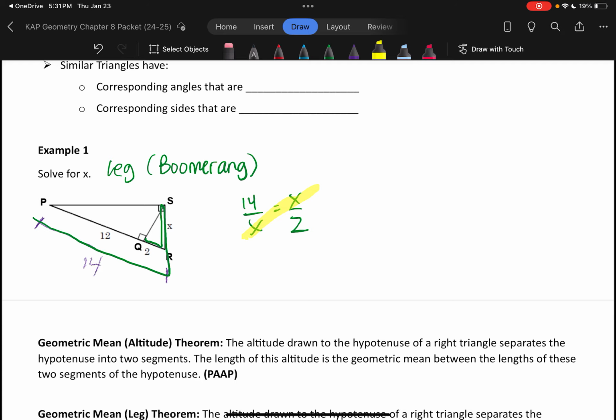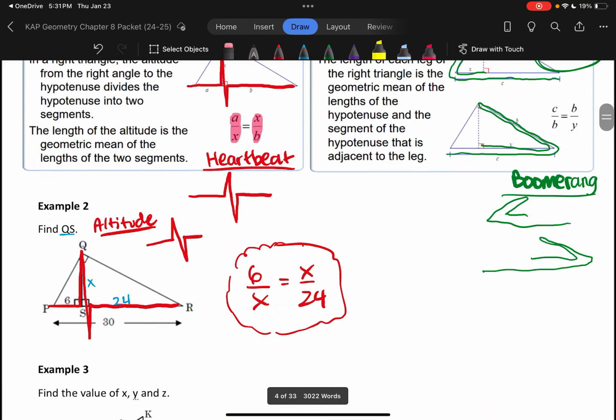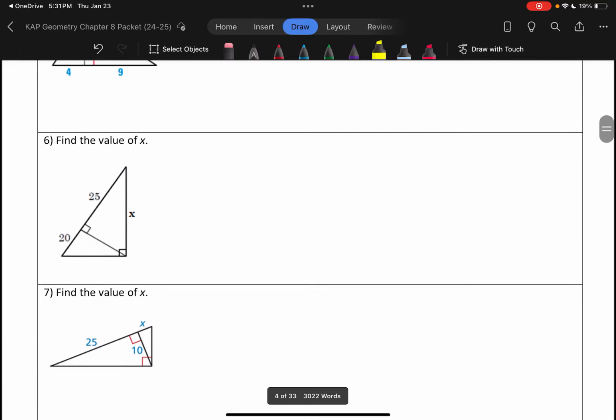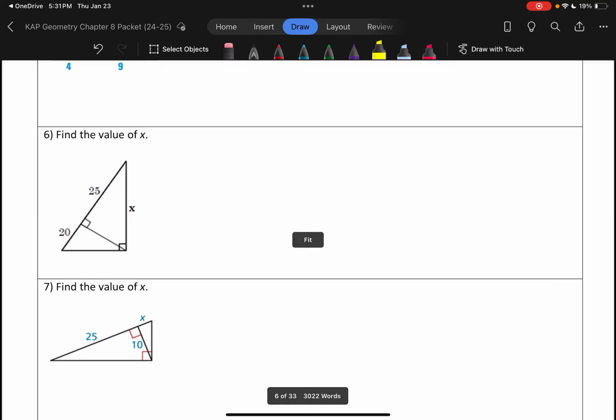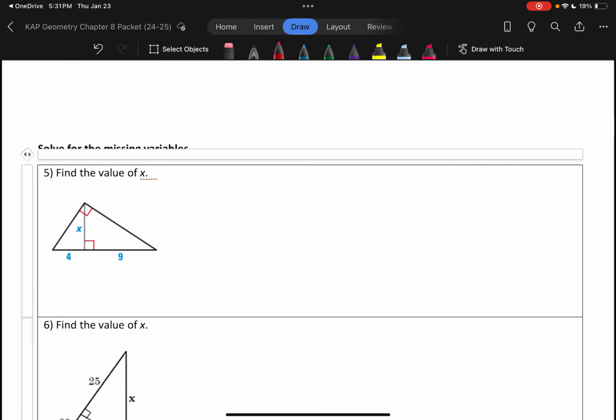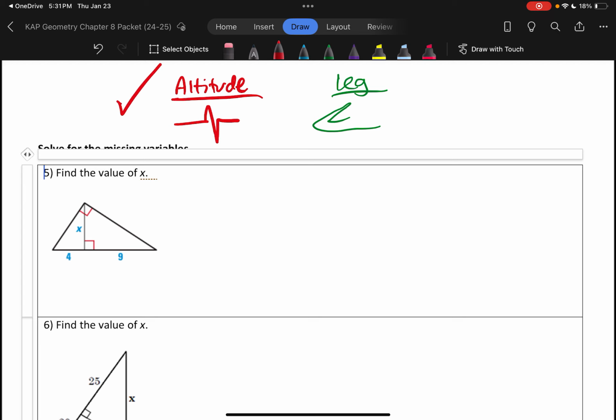And so that we can see both one more time, let's practice setting up some problems in the homework. Taking a look at number 5, for context, you've got 2 setups for the shortcut. You've got your altitude theorem, which is your heartbeat, and then you have your leg theorem, which is your boomerang. If I take a look at number 5, they're asking me to find X. X represents the altitude, so I'm using this pattern to build my equation.